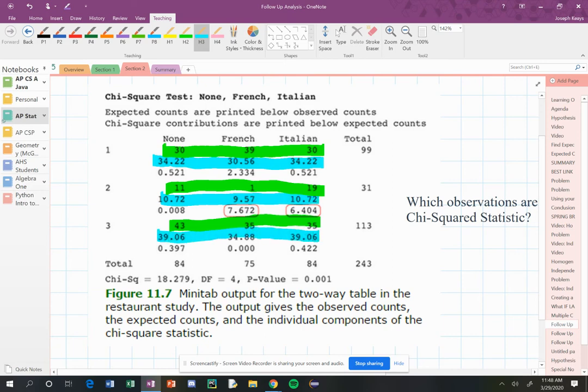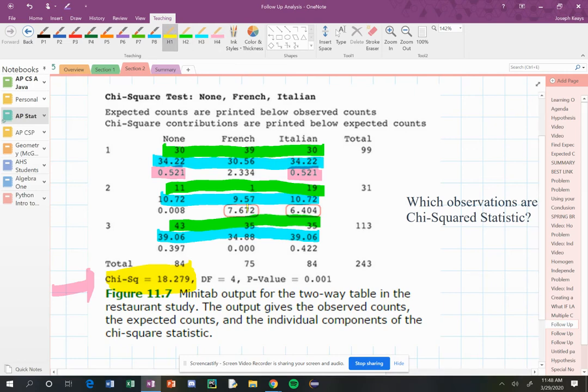And what you're really trying to discover here from our chi-squared statistic of 18, and that's quite large, is which one of these 9, or maybe there's more than one, is driving this number up? So when I look over here, for example, this is quite small. This one's small. This is having no effect, basically, on chi-squared. The difference between the observed and the expected, you can see, is quite small.